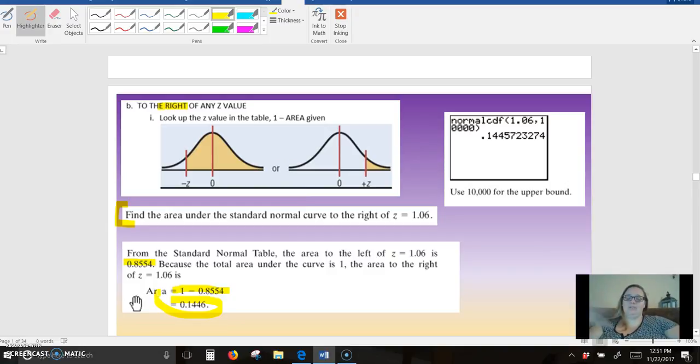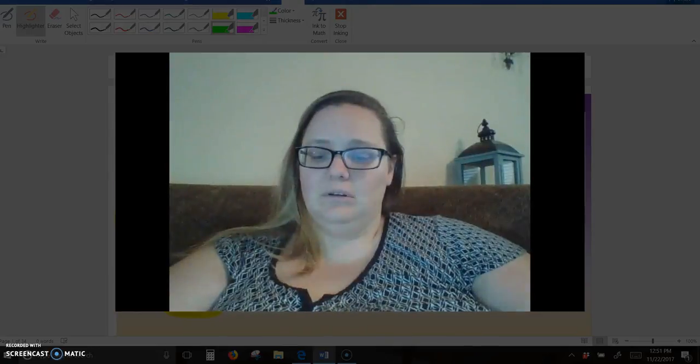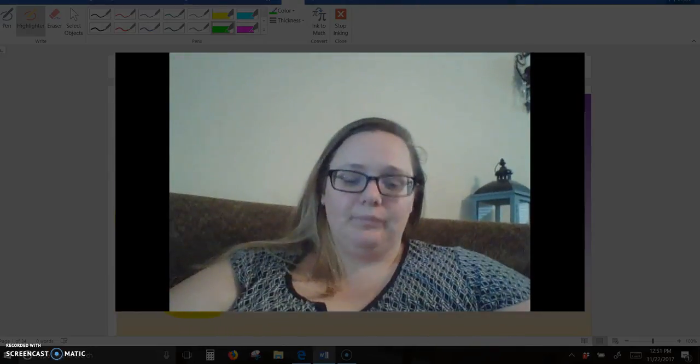Now here is the great thing about the calculator. If you type it in, notice you can do a couple of things. We want 1.06, so I'm going to show you something.